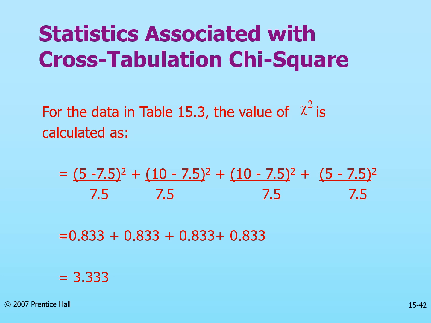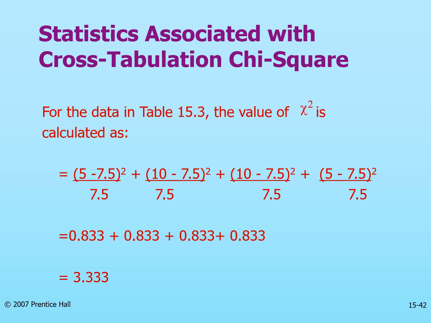So we take the calculation: 5 minus 7.5 means 2.5 squared. 2.5 squared means 6.25. 6.25 divided by 7.5 comes to 0.833.